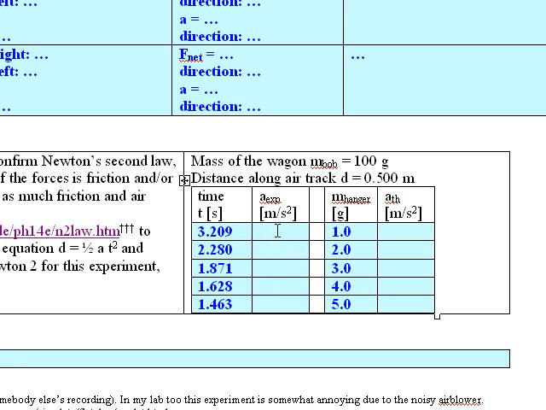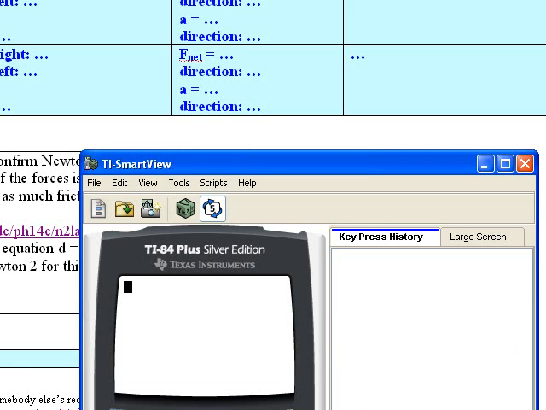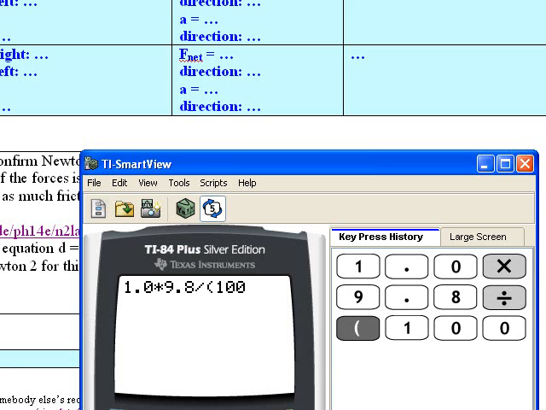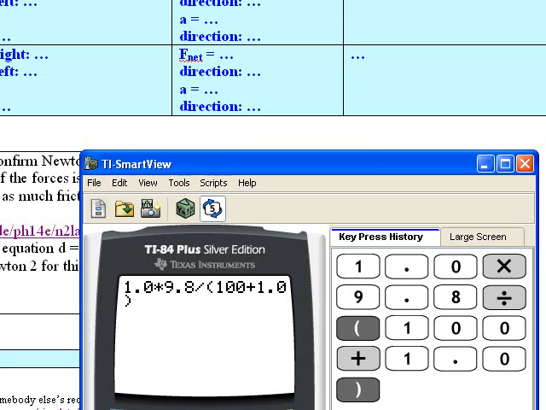And now we're going to calculate the acceleration. First, I'm going to calculate the theoretical acceleration. So as I said, it's the mass of the hanger, 1.0 grams times 9.8 meters per second squared, divided by 100 grams for the bob plus 1.0 grams for the hanger.